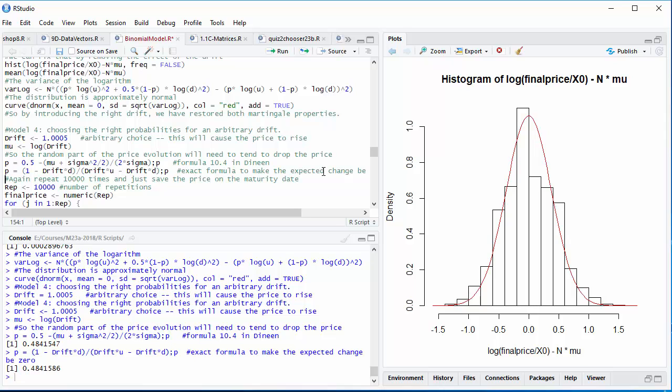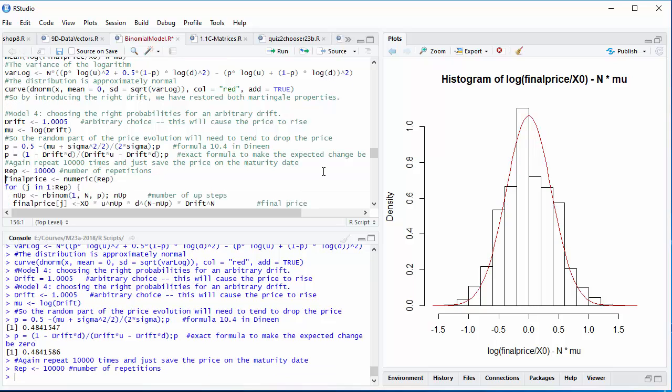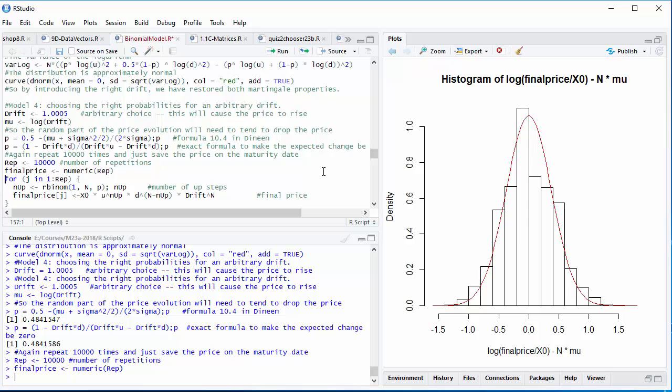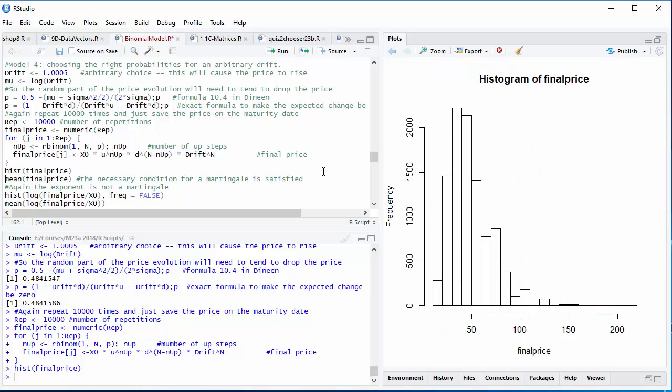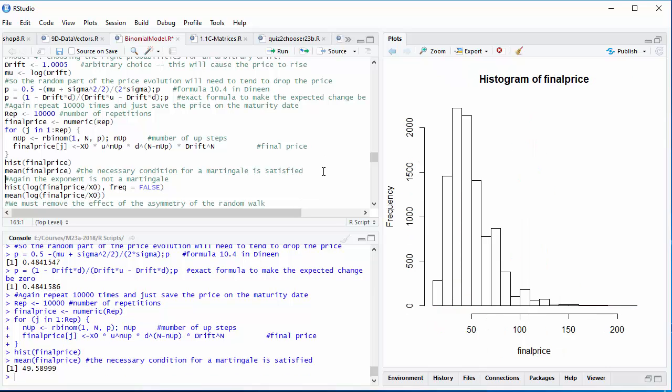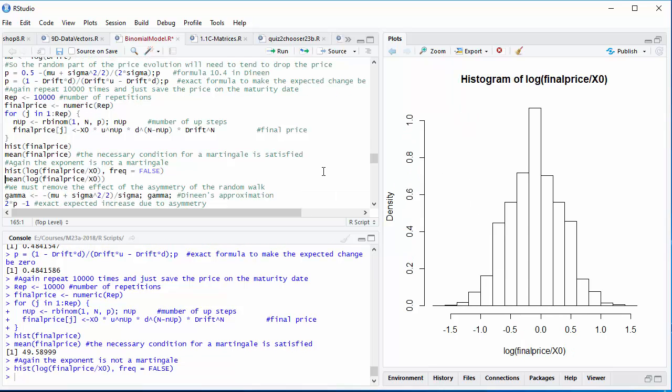So we'll do this again 10,000 times. And look at the resulting histogram, the usual tail to the right. The martingale property is satisfied because we adjusted the probabilities in order to compensate for the drift, but we made an unsymmetric random walk now.